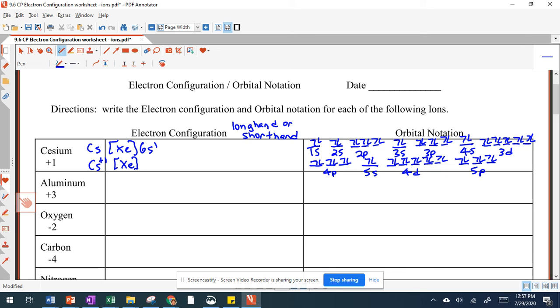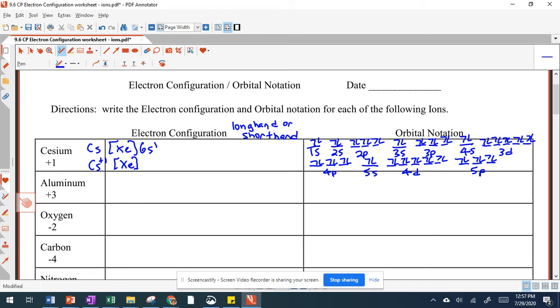And that is our configuration for cesium +1. And you will notice that that would be the same configuration as xenon, but like I said, there's no shorthand orbital notation. So now let's do a negative ion.